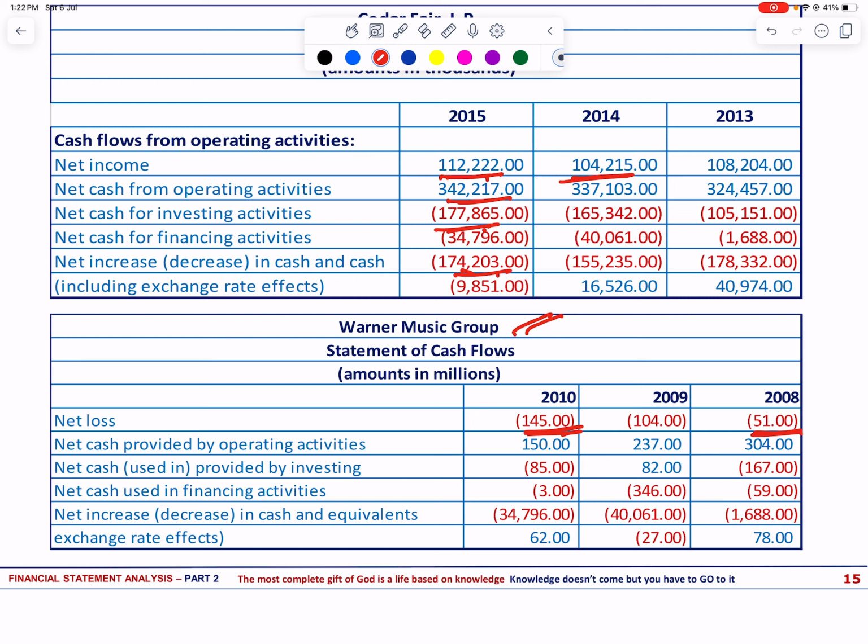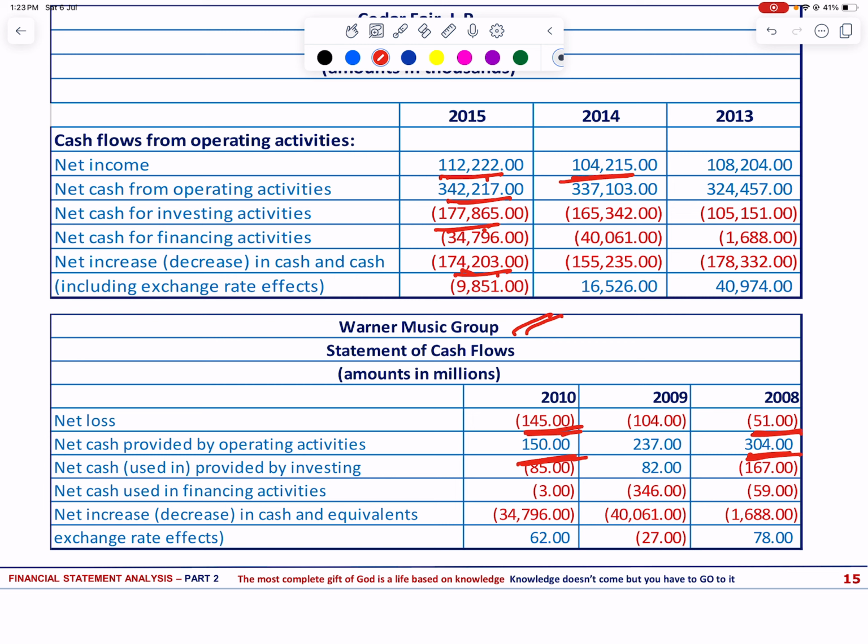Despite losses, the company maintained positive cash flows from operations, though these declined significantly from 304 to 150 million over the years.